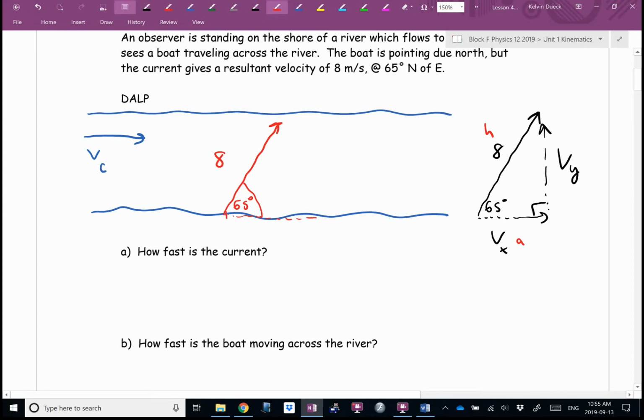Cos? So if I want to find how fast the current is, it's going to be the cosine, and what always goes next to the trig function, the angle, 65 degrees, is Vx over 8. I guess Vx is going to be 8 times the cosine of 65 degrees.